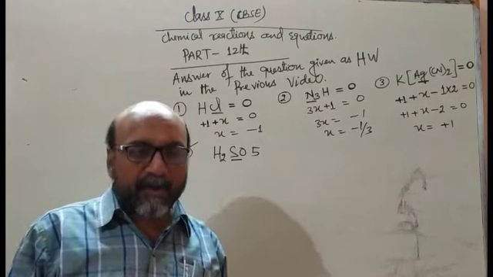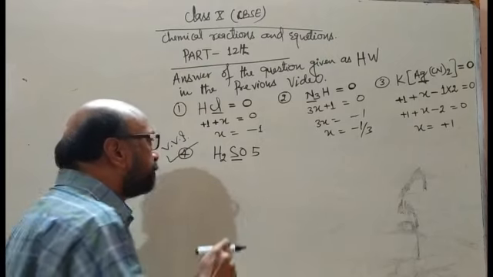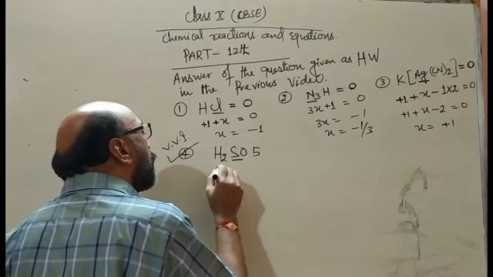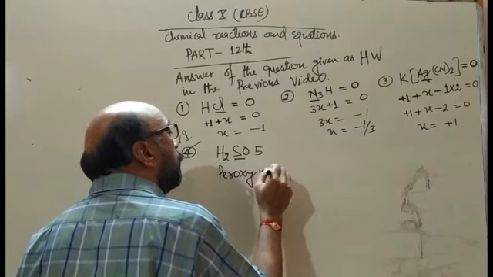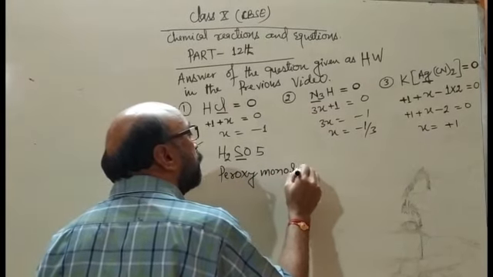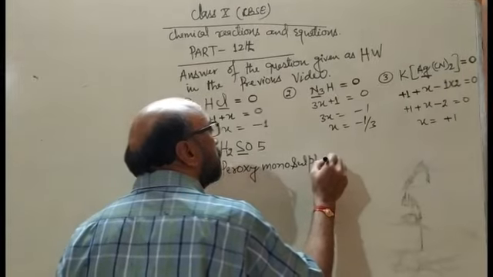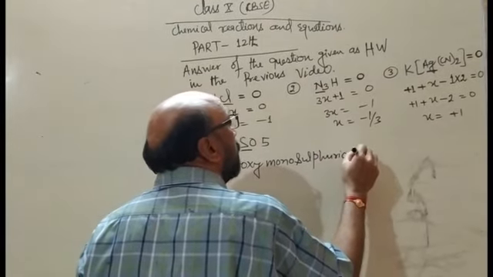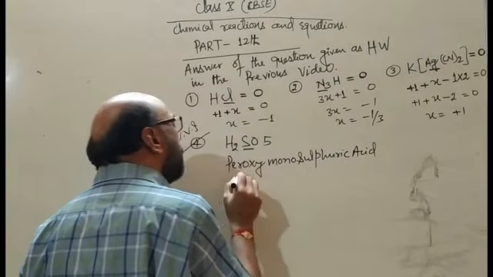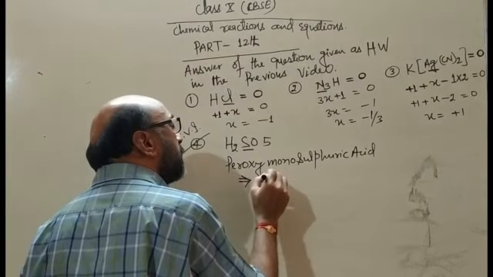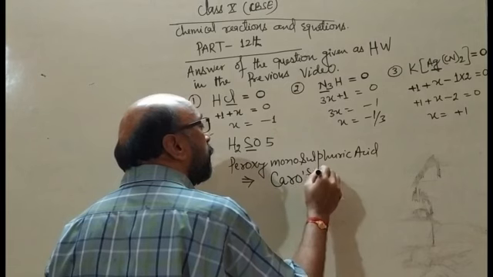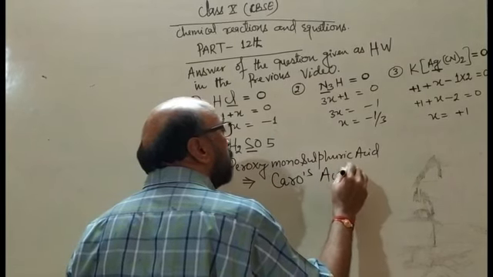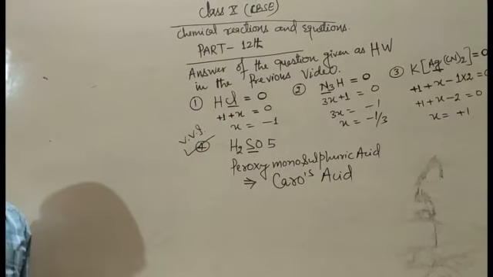It is an acid called peroxymonosulfuric acid. This compound was made by a chemist called Caro. Therefore, this compound is also known as Caro's acid.